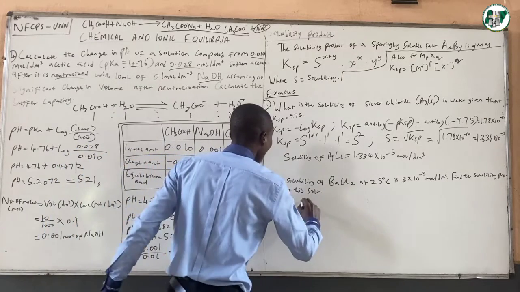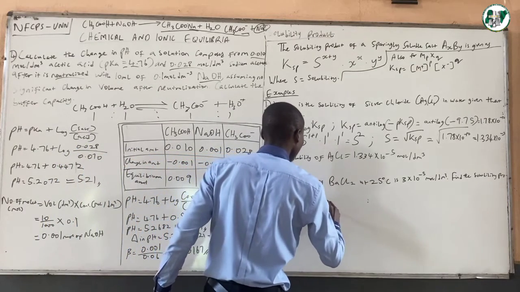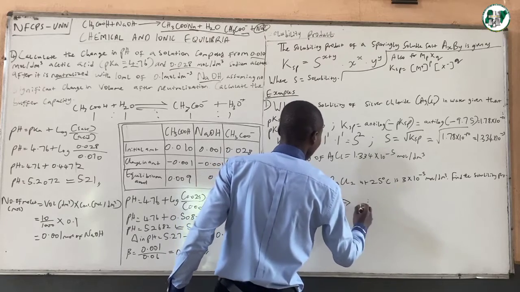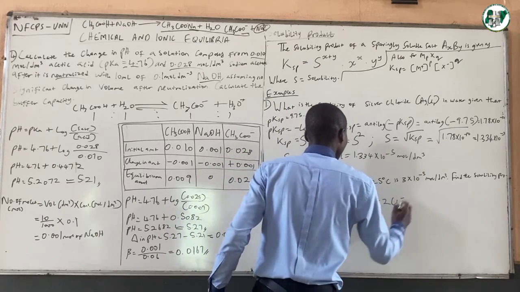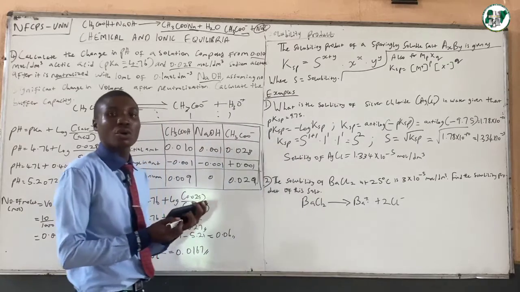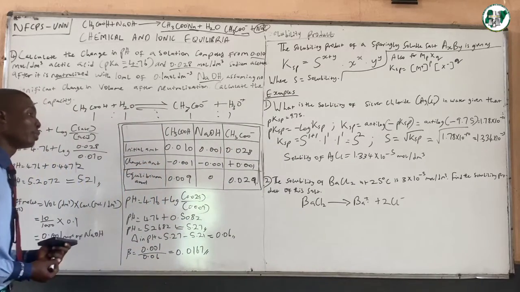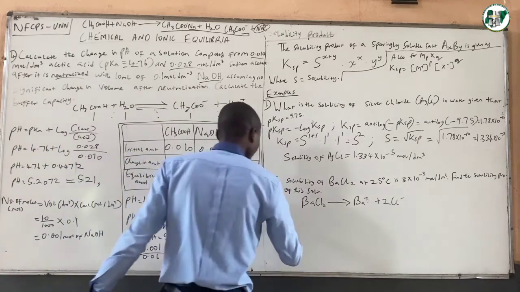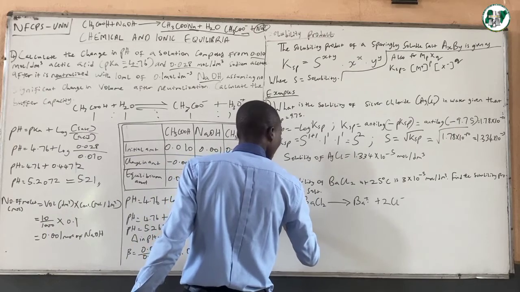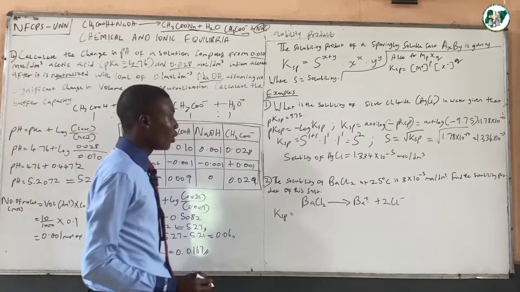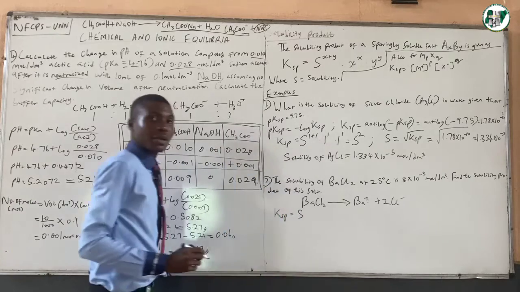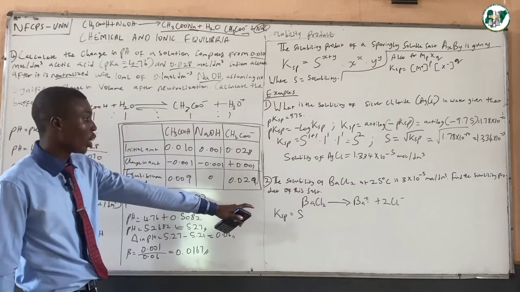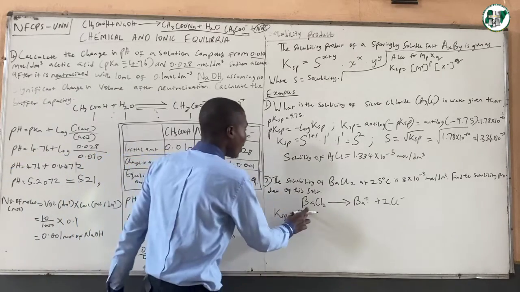So barium chloride will dissociate into Ba 2 plus and 2Cl minus. So what it means is that you have 2 chloride there and then you have 1 barium there. So our KSP is equal to S raised to the power of, what's going to be our X?